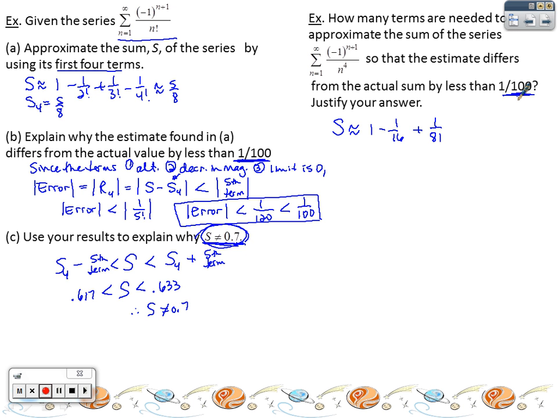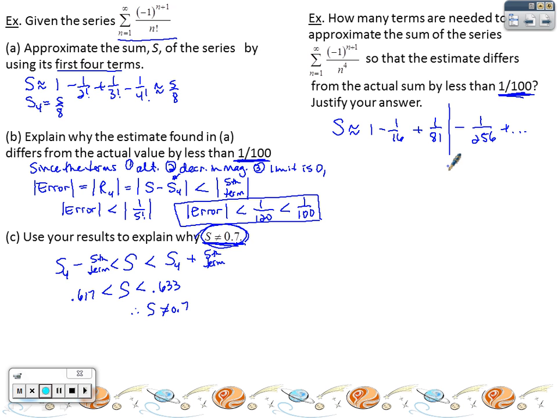Okay, so far, let's look. Then the next term is 1 over 256. All right. So, do we have the number of terms that we're going to need? Let's think about this. We want the next term to be a better approximation than 1 over 100. So how many terms do I need? I need 3.